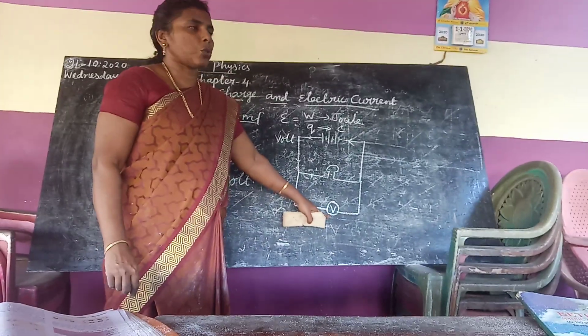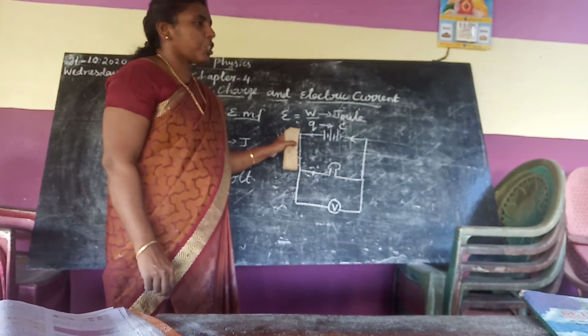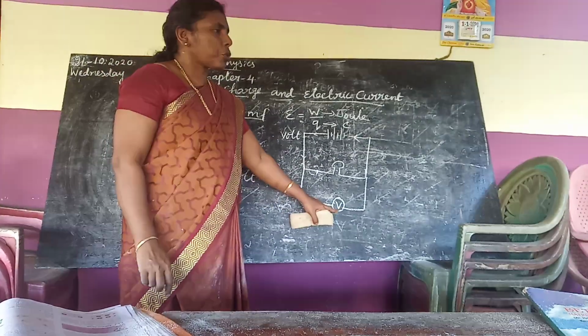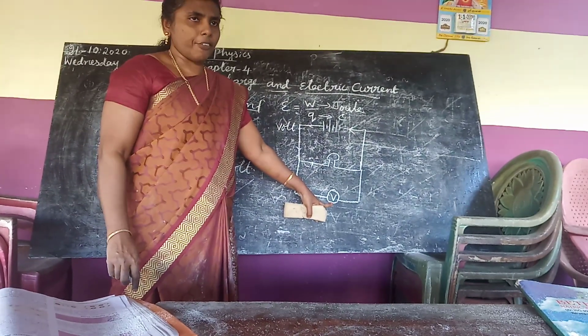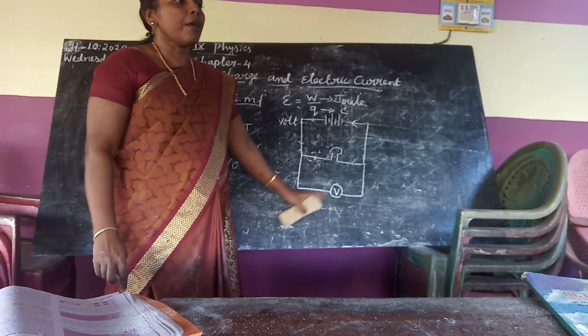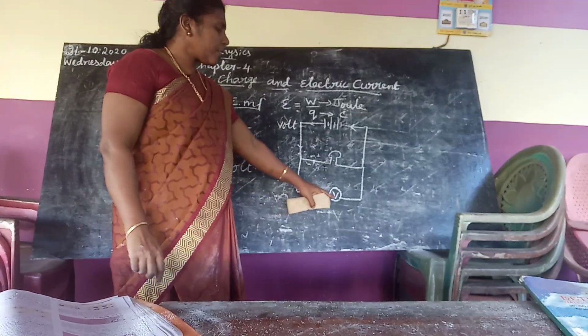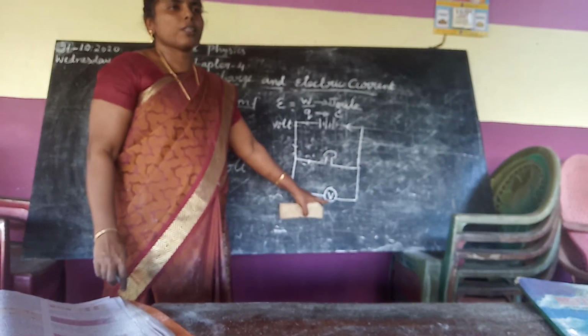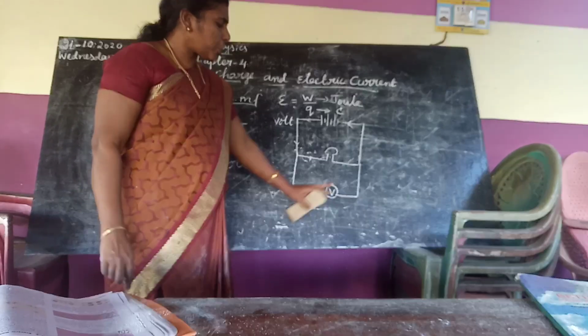Voltmeter is used to measure the potential difference. Potential difference is voltage. What is the use of an ammeter? Ammeter is used to measure electric current. What is the use of a voltmeter? Voltmeter is used to measure the potential difference.